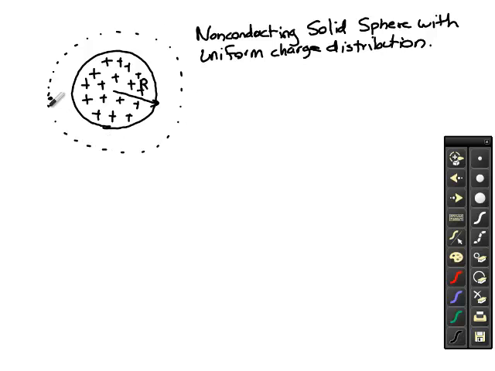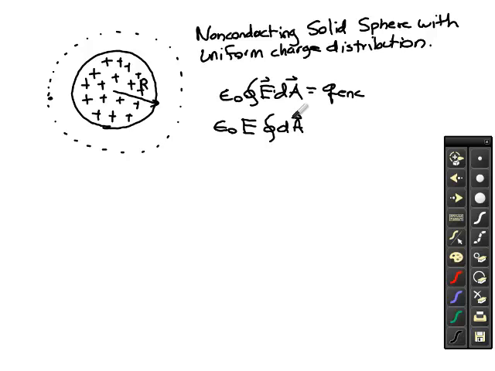And our equation for Gauss's law pops up into your head. And you say to yourself, E is going to be the same everywhere on that dotted line. If it is, I can pull it out. Are you noticing some repetition here?